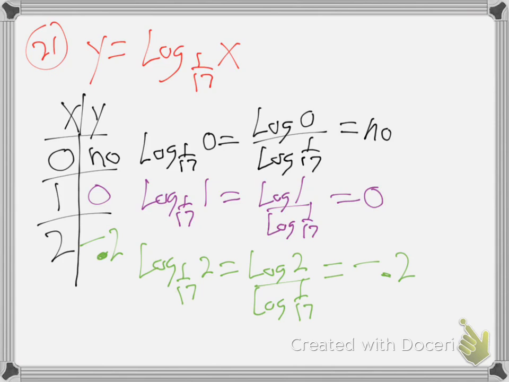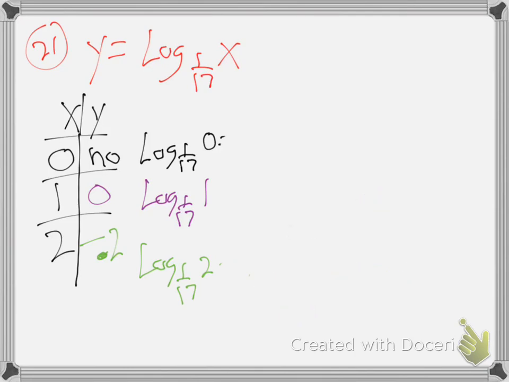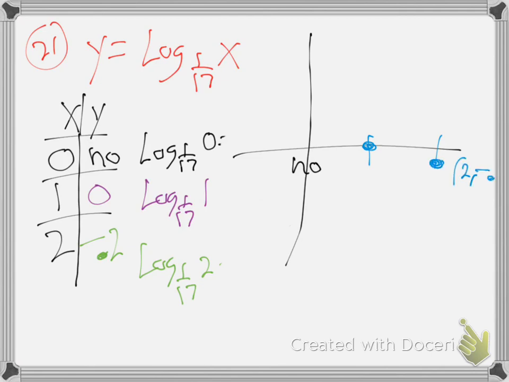So let me bring that over. If I can erase this and put the graph here. Over 0, no. Over 1, up 0. Over 2, down 0.2. So it's going down a little bit.